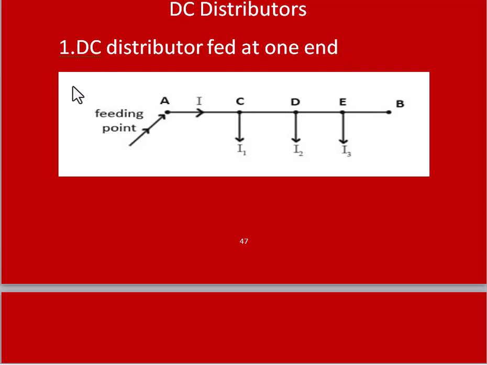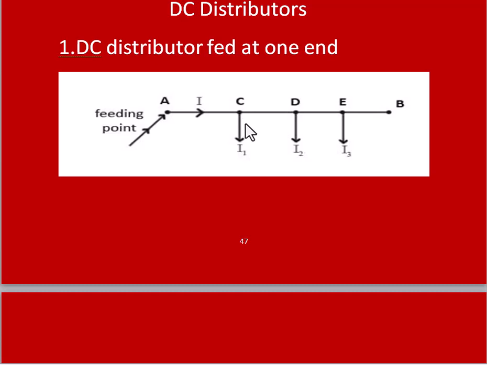First one is DC distributor fed at one end. In this case, here AB is a line called the distributor. At several points like C, D, E, loads are connected. These loads are nothing but main lines. Each load will draw a current.